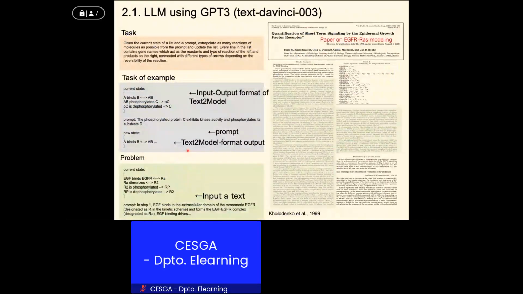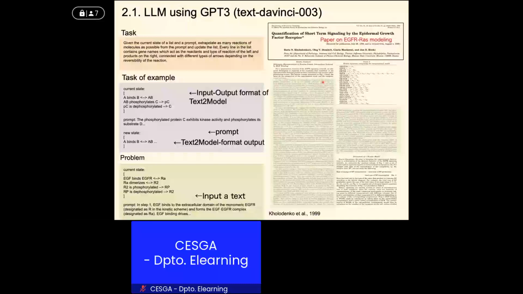And this is our first and very simple task we did. This is a paper on mathematical modeling published a long time ago by Boris Kholodenko, and he described in great detail how to make the pathway model.